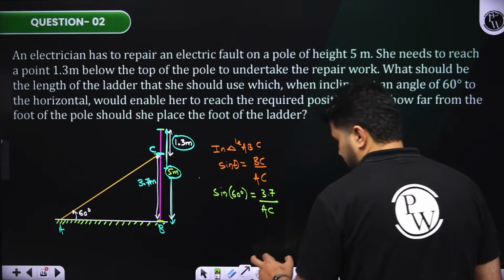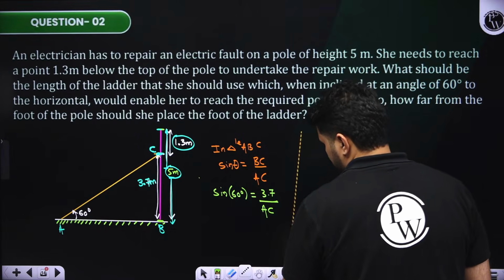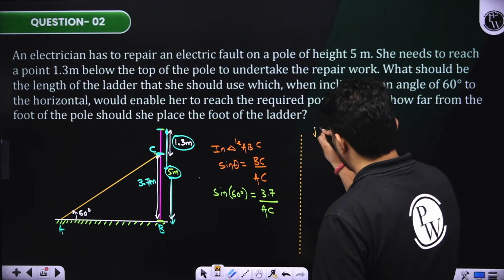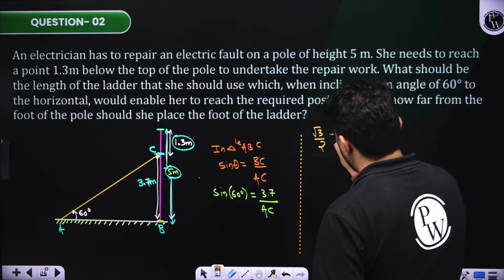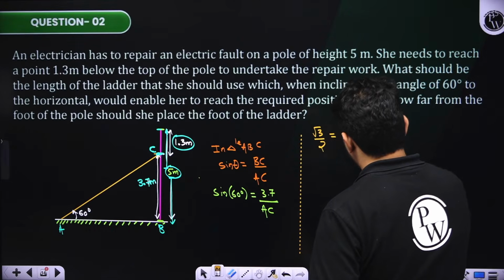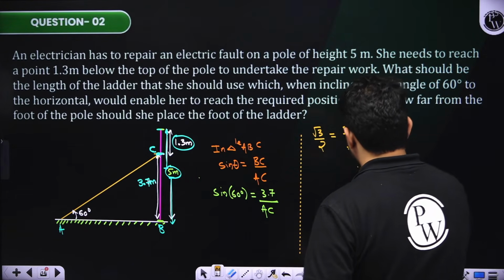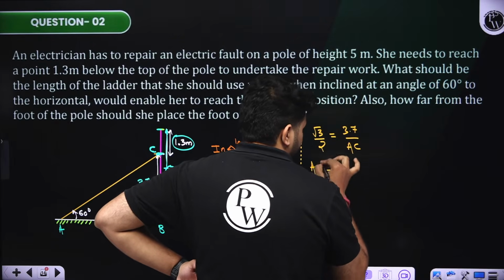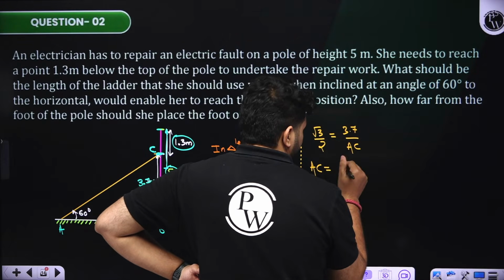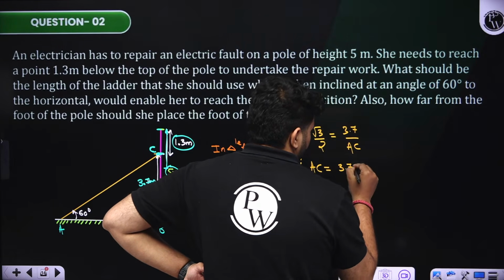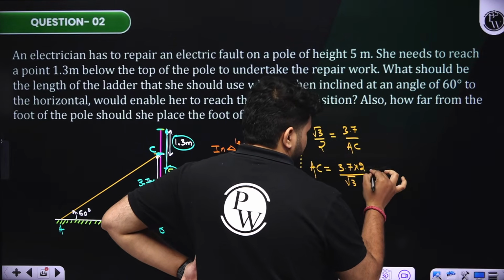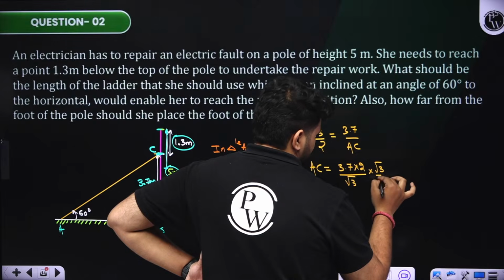Next, students, the value of sin 60 degree is root 3 by 2. So 3.7 divided by AC. Clear? Cross multiplying, the length of the ladder AC is 3.7 into 2 divided by root 3. We multiply by root 3 and divide by root 3.